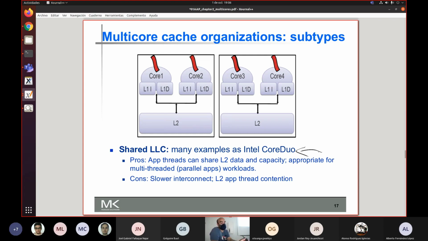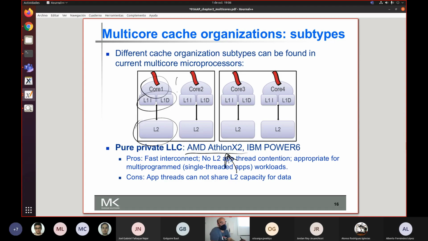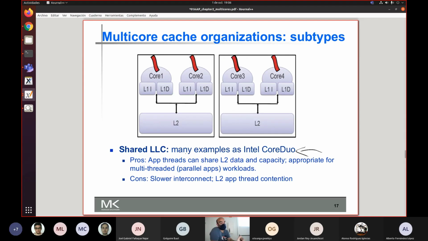We have level 1 private to each core and a shared level 2. Remember that the last level is always called the last level cache and is usually shared among all the cores. Sometimes we have a mixture of the previous situation, like in this architecture, Intel Hoppertown.